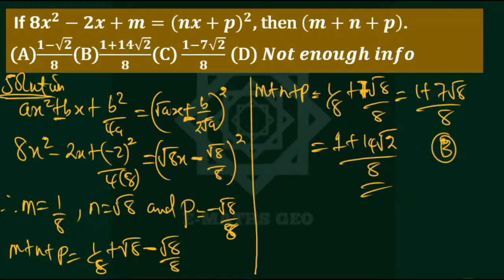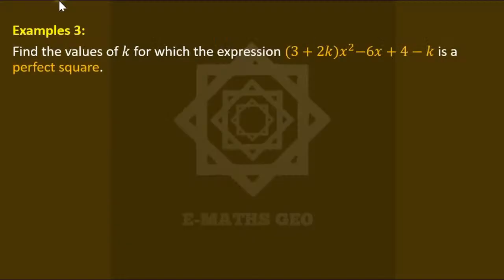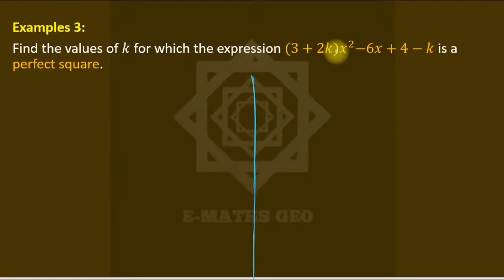Okay, for which the expression is a perfect square. Now, using our knowledge, this one is different. They gave us, remember, a is now this. So look at this. Let's divide the equation to save time.